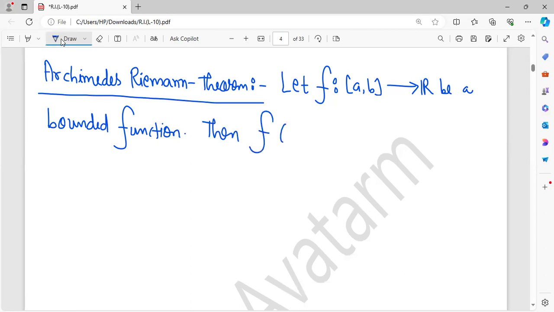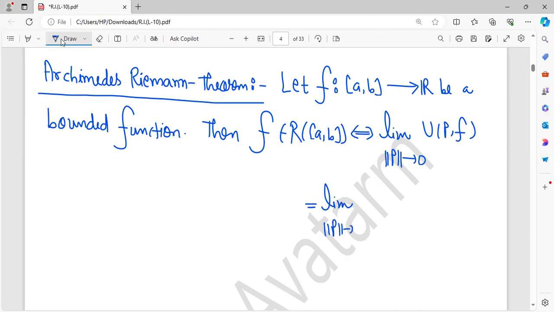Then f belongs to R[a, b] if and only if the limit as norm of P tends to 0 of U(P, f) is equal to the limit as norm of P tends to 0 of L(P, f), which is equal to the Riemann integral of f. This is a very important theorem.